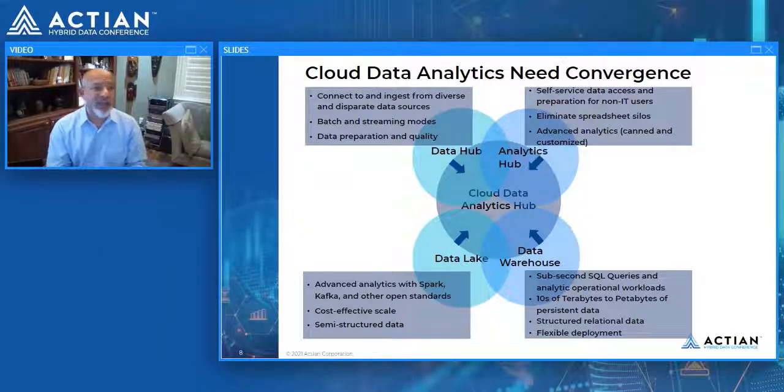The data hub functionality is still important because now I have even more disparate and diverse data sources. Now I need to worry about not just the ETL from a batch, but also ELT, and sometimes ETL, but pulling in data from a streaming mode where maybe I'm doing the actual preparation and processing of data at the destination rather than the source.